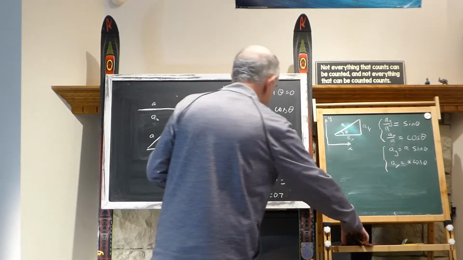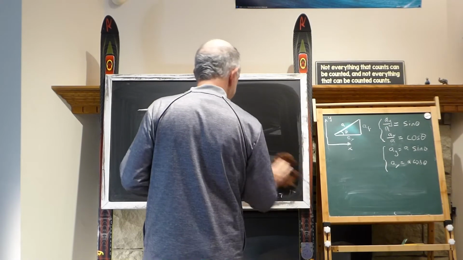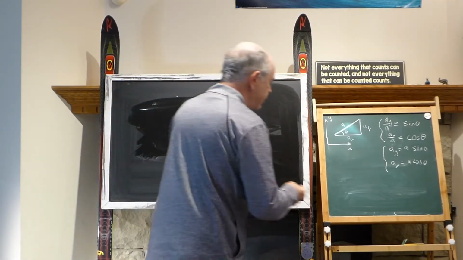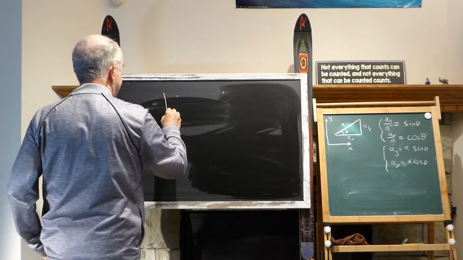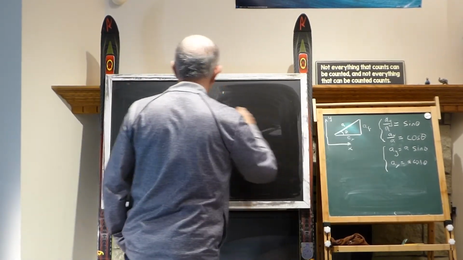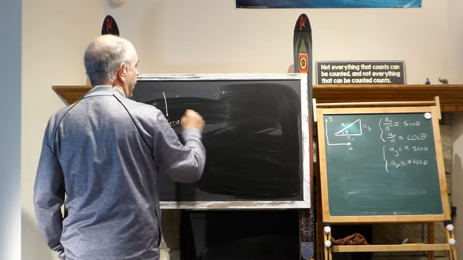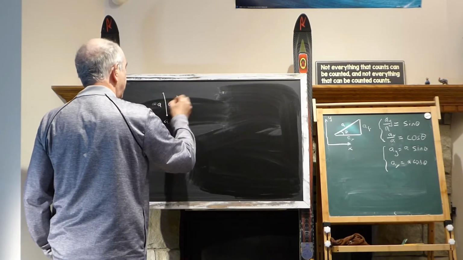So okay, so we know this, and then we can go further, and we can say, what if this theta is 90 degrees? So if theta is 90 degrees, ax becomes 0. And ay becomes, this is a and this is ay.